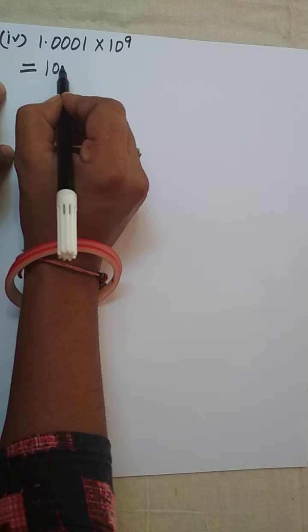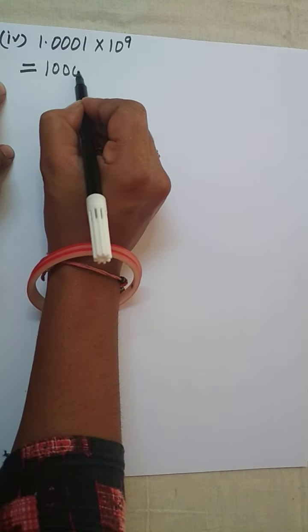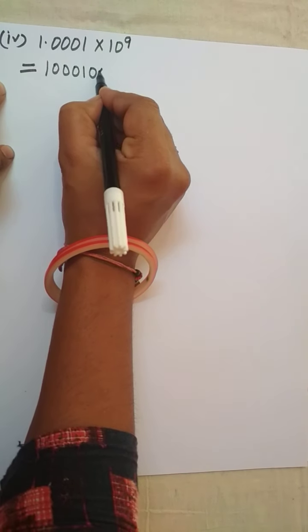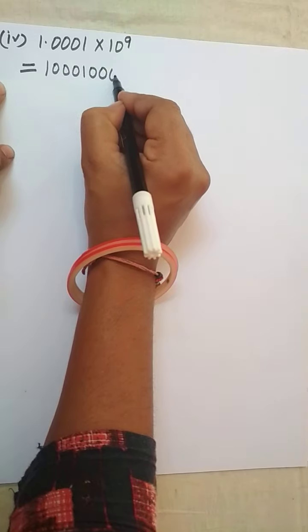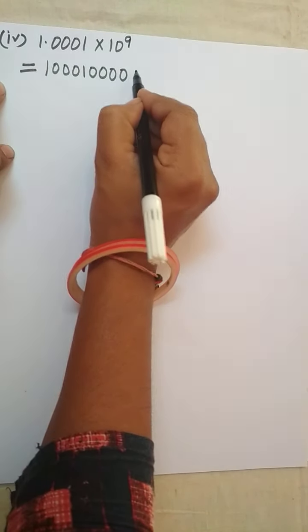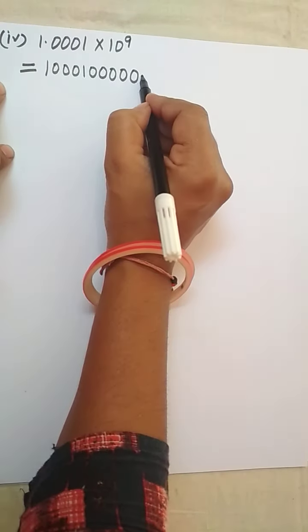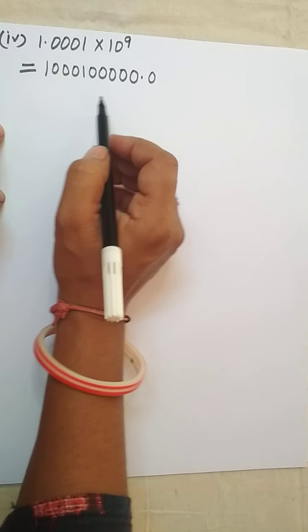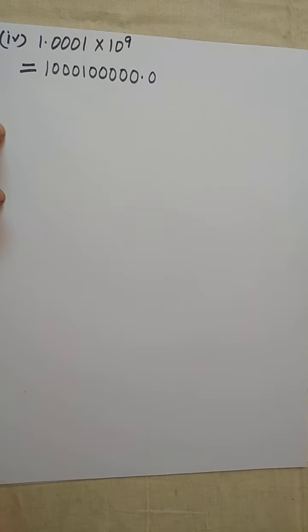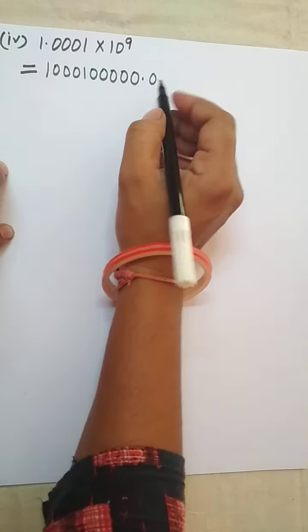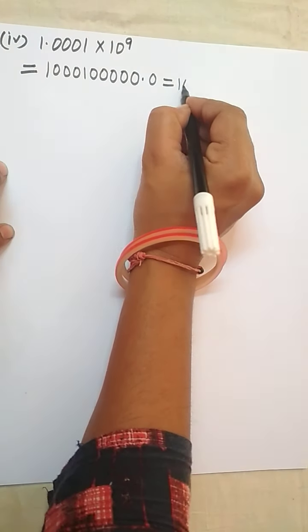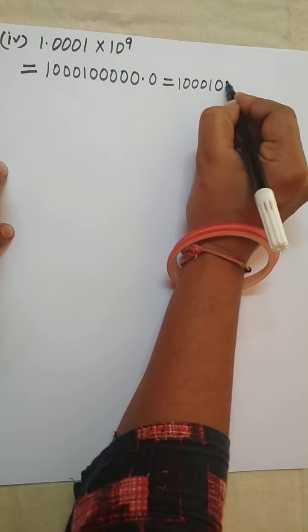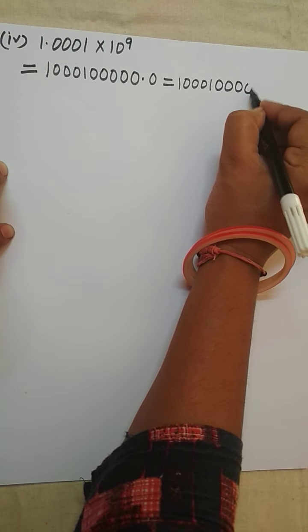So 1, 2, 3, 4, 5, 6, 7, 8, 9, which is the required answer. It can also be written as 10001 followed by 5 zeros.